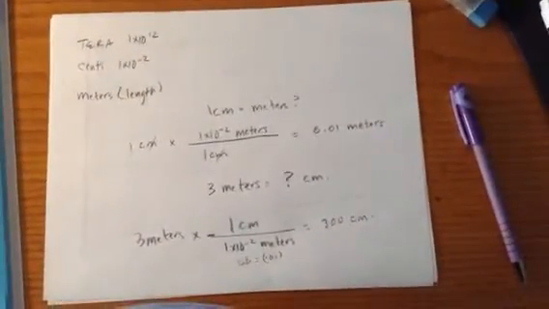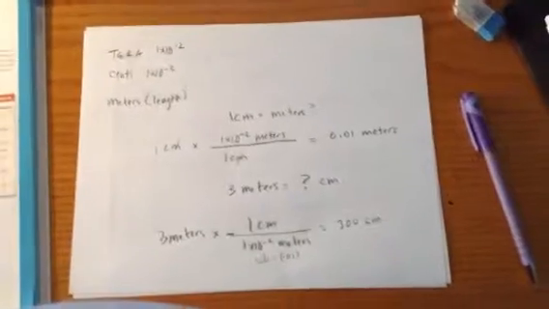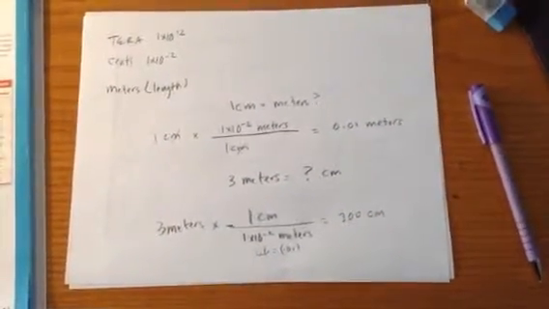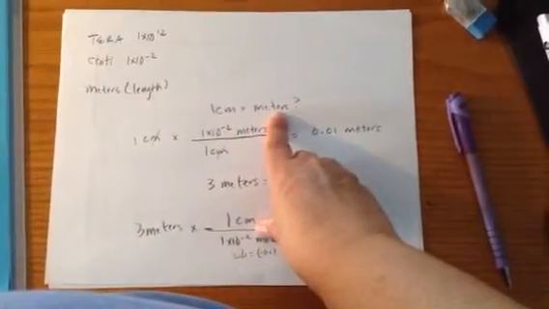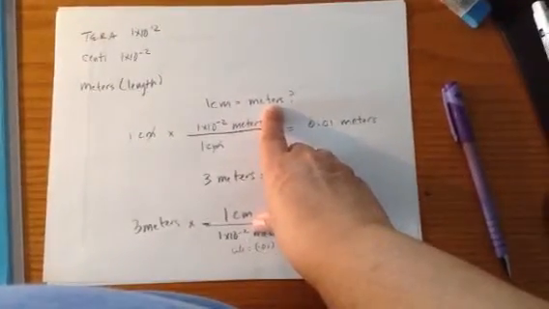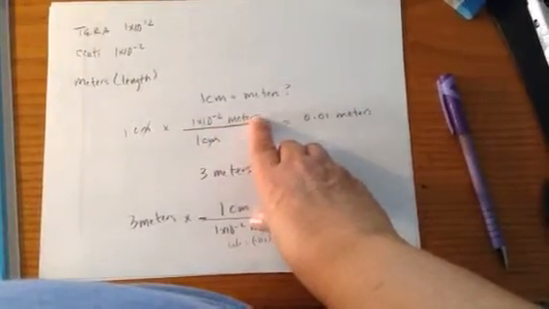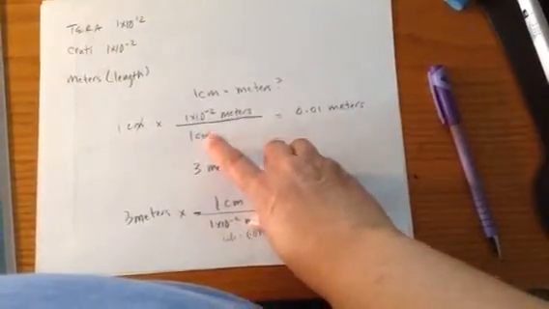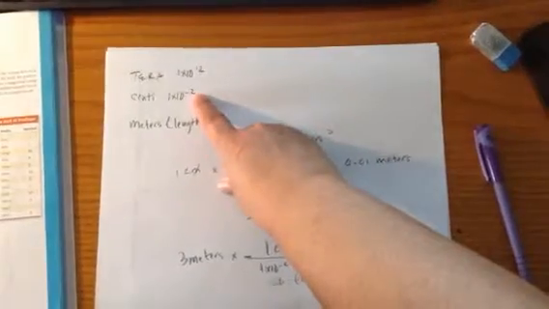So we mostly deal with length, because we're going to be looking at maps. So let's convert: 1 centimeter equals how many meters? From our figure in A1, we know that centi means 1 times 10 to the minus 2.